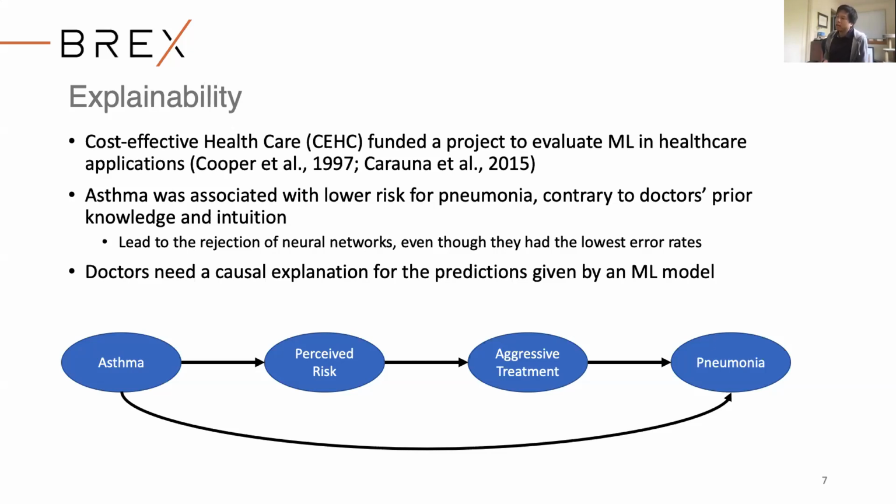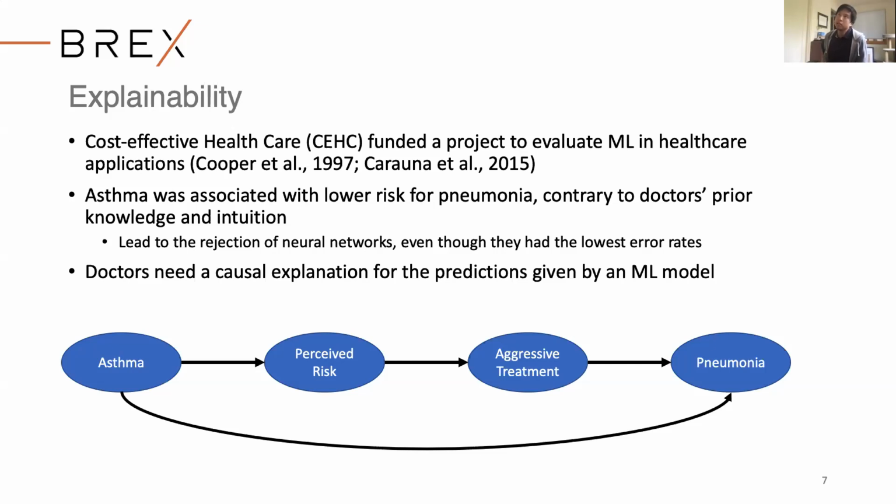Back in the late 90s, I guess, there was a study to evaluate machine learning in healthcare applications. And what they found was that a lot of these machine learning models were saying things that didn't make sense at first, right? They found that asthma was associated with lower risk for pneumonia, even though doctors knew from their own knowledge that asthma is a contributor to pneumonia.